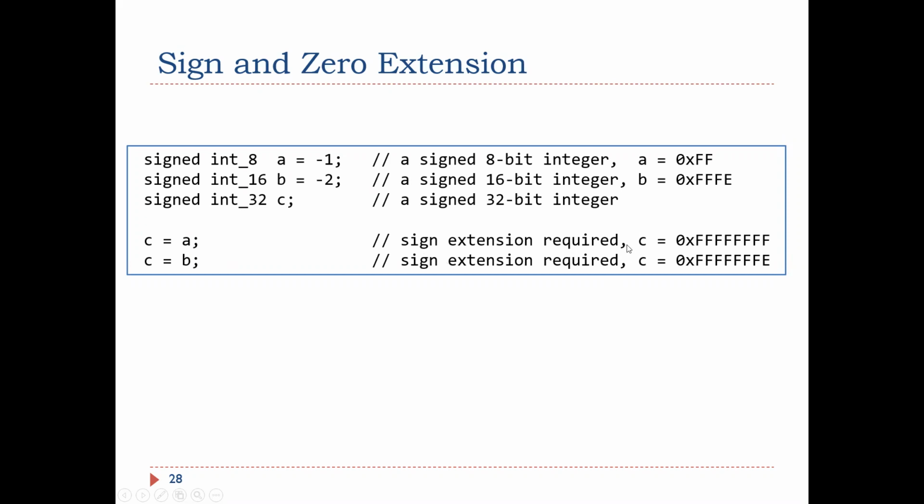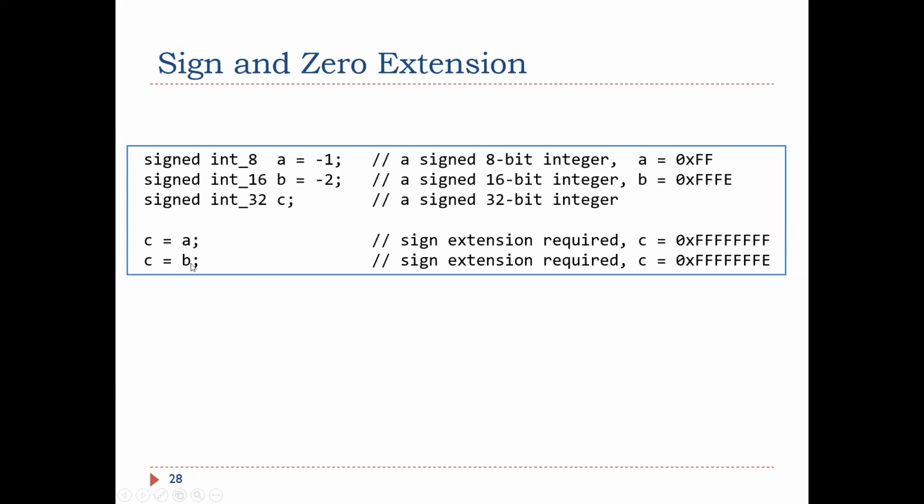If it is sign extended, then FF, the most significant bit is 1. So if you extend it, then you see that all of them are FF. This is also the -1 representation in 32-bit. Same as here, when you are copying -2, which is FFFE, from 16-bit to 32-bit.